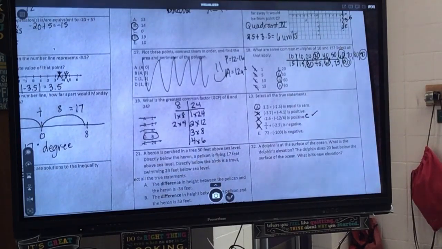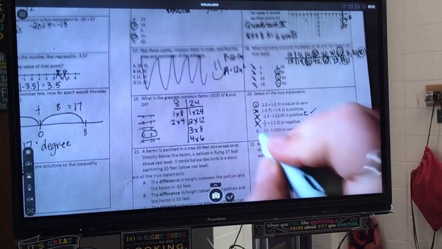Does anybody say that this is not true? A negative times a negative becomes a positive. So therefore, that is not right.